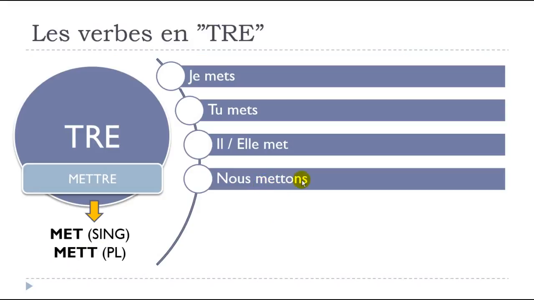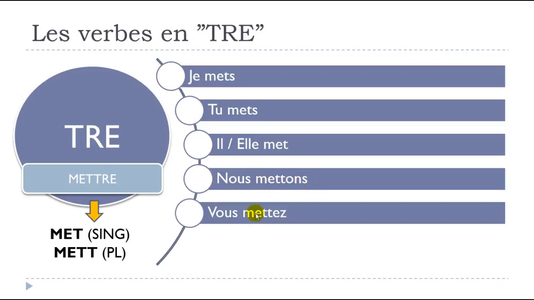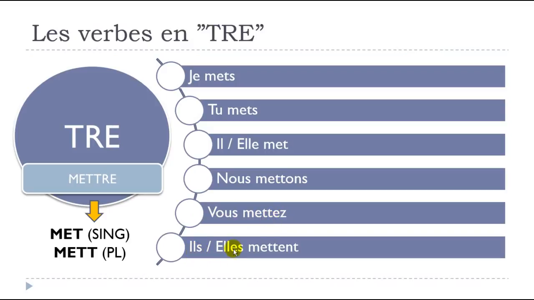You can see that we put back METT, and then the ending ONS. Nous mettons. Then vous mettez, in the same way, we keep the first part, the root or the stem, plus the ending. And then finally, ils mettent, elles mettent, exactly the same thing.